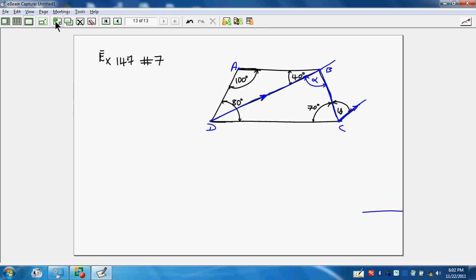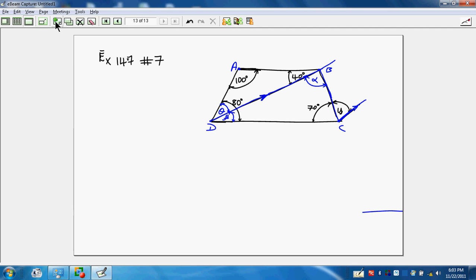So if we look at the triangle ABD, we could find this angle here, which I'll call theta. And if we find that angle theta, and we know that the angle ADC is 80 degrees, then we could find the other angle at the bottom here very easily. Let's call that angle beta.